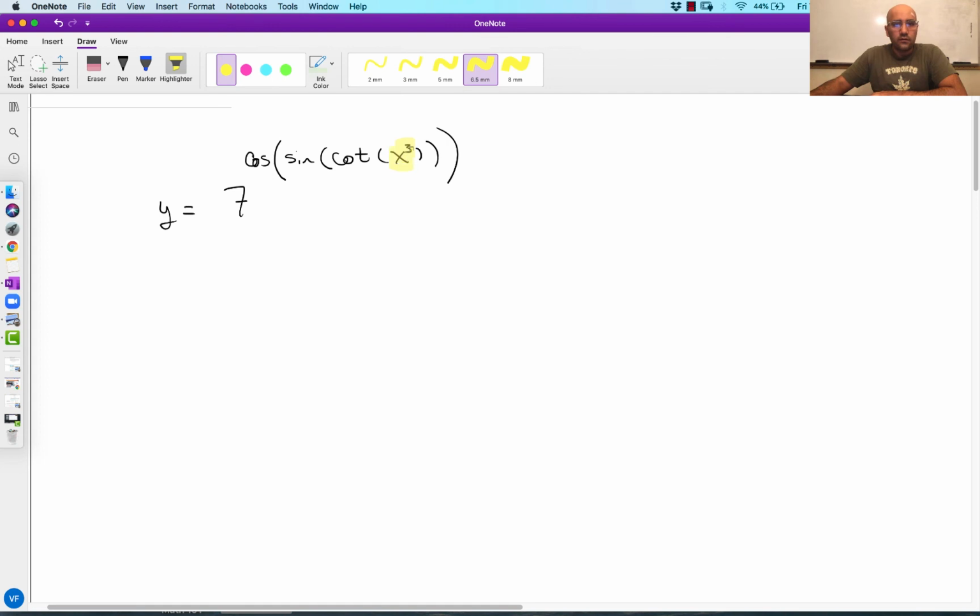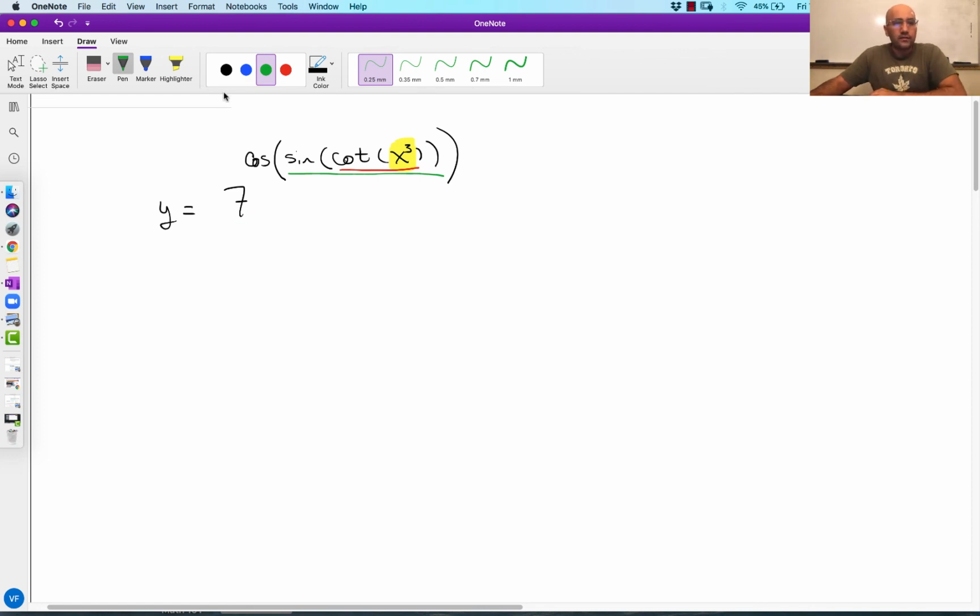So x cubed is the argument of cotangent, and then all of that is inside the argument of sine, and then all of that is inside the argument of cosine. So it's not cosine times sine times cotangent. It is one function inside the other, evaluated at the other.